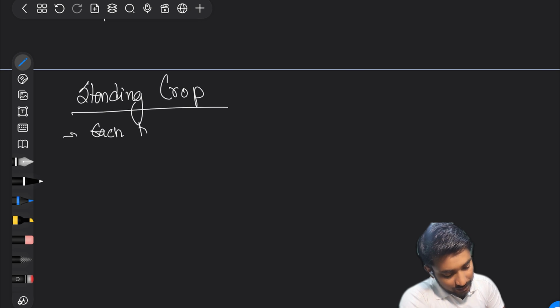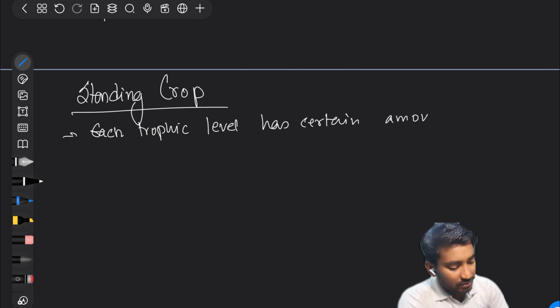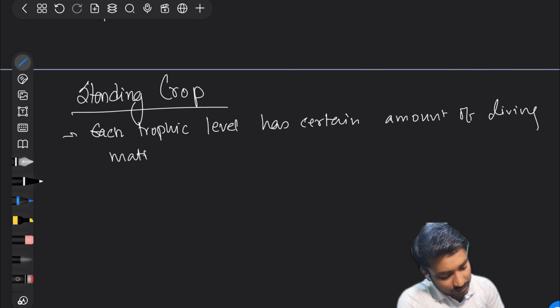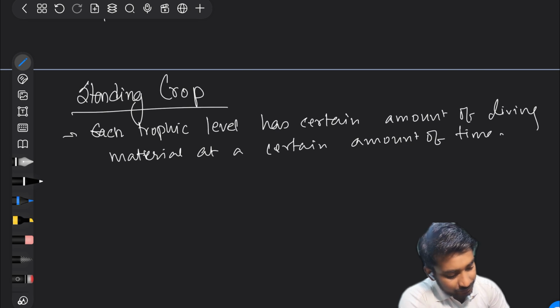Each trophic level has a certain amount of living material at a certain amount of time.